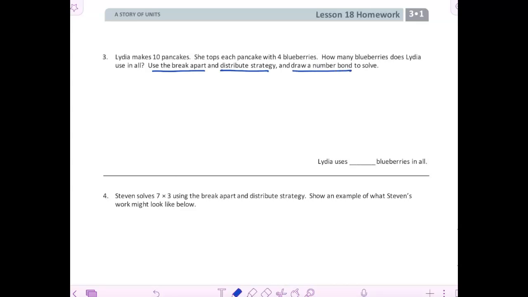So Lydia makes 10 pancakes. Each pancake has 4 blueberries on it. We want to know how many blueberries in all. So if I have 10 pancakes times 4 blueberries on each pancake, that is going to give me the number of blueberries in all.